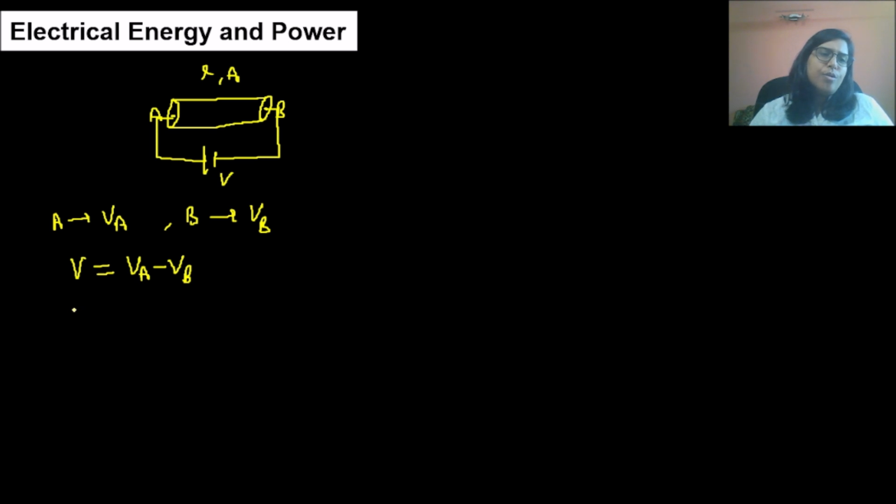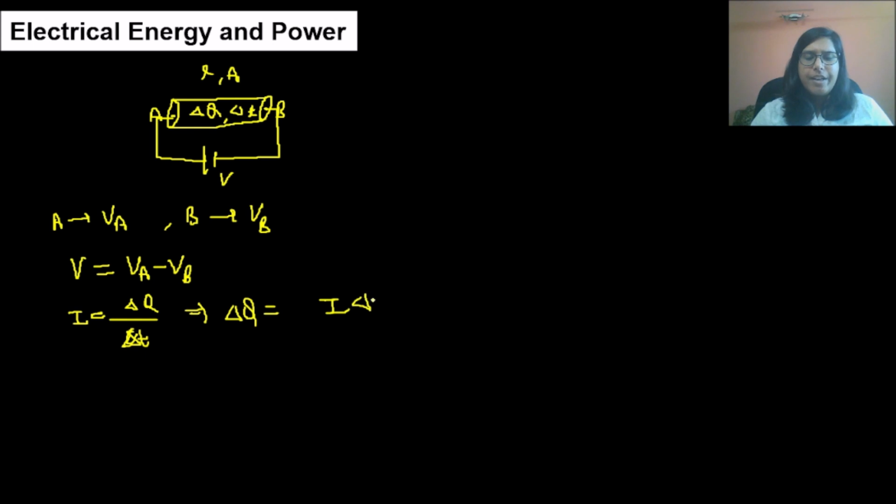Now if the charge flowing through this conductor is delta Q in delta T time, then we can write I equals delta Q upon delta T, so delta Q equals I into delta T. Now the change in potential energy will be U final minus U initial.